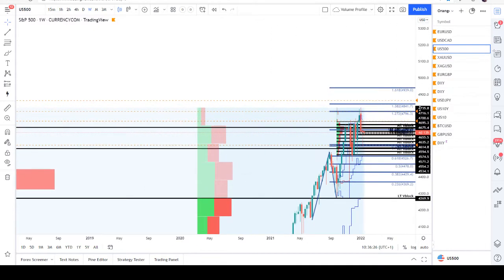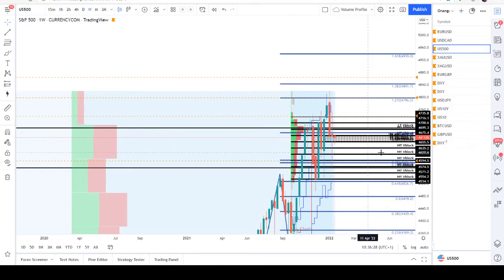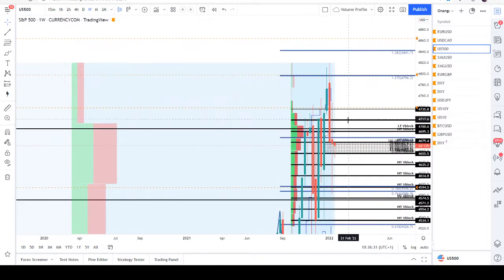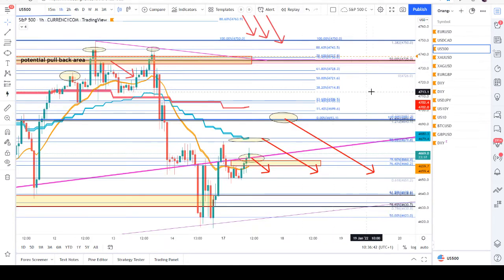But what we see immediately there is if we break, we have again here a very important volume area between 4,700 and 4,710. So just to refresh and look back at this chart, the 4,700 to 4,710 is this area here where we have the daily 20 moving average.